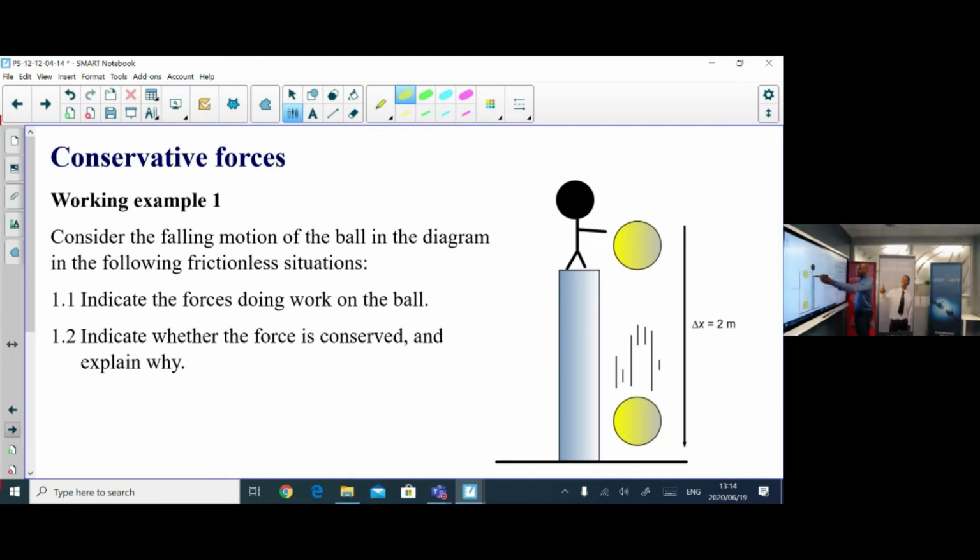This is where you come across the gravitational potential energy, and then down here you don't have gravitational potential energy because you don't have height. But here we have height. That is where we have this change in x equals 2 meters. That is how it moves.